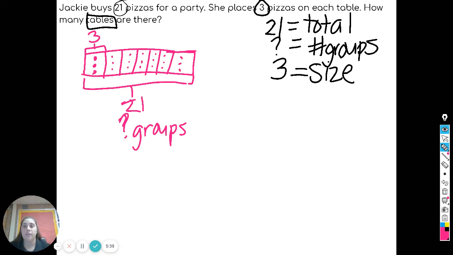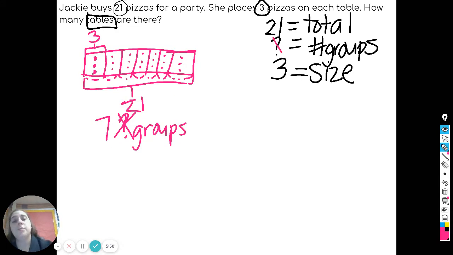Okay. So I have 21 dots now. I should be able to count and see how many groups I have. So I have 1, 2, 3, 4, 5, 6, 7 groups.